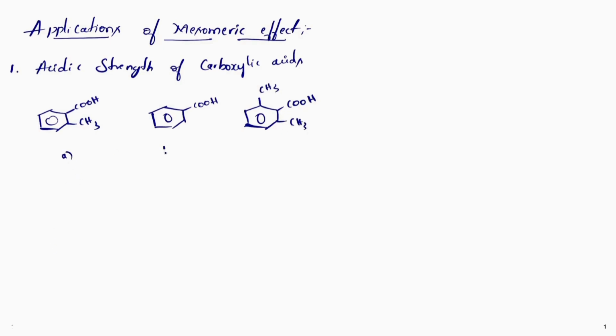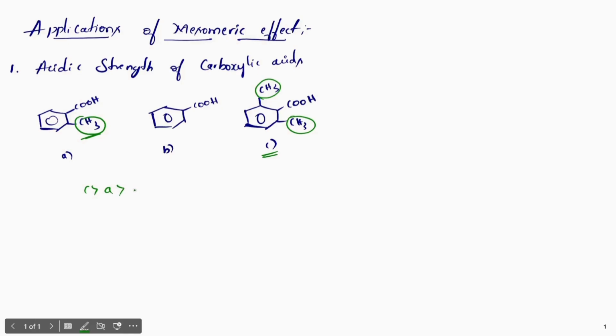This is A, B and C. The order of acidic strength is, see here, one group is present at ortho position, and in the third case we have two groups at ortho positions. So here two bulky groups are present at ortho positions, therefore the ortho effect is more. Here also a bulky group is present at ortho position, but the ortho effect is more in the case of C. Therefore C is more acidic than A and then B. This is the acidity order.